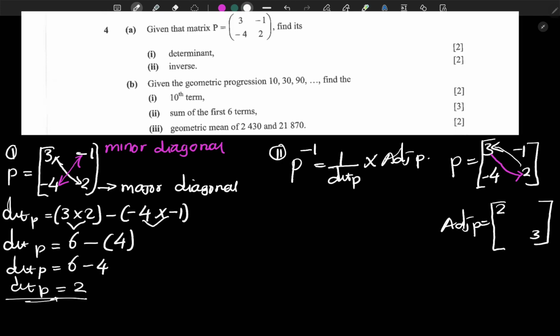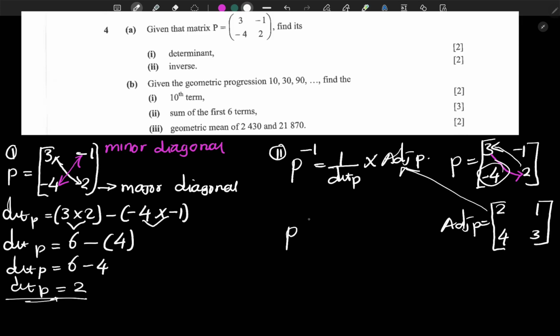So this is what you're supposed to do with the major diagonal. Just change the positions, including the signs. Then for minor diagonal, change the sign. So since this is -4 in our original matrix, in our adjoint becomes +4, then this becomes +1. So this is now what we are going to put here.